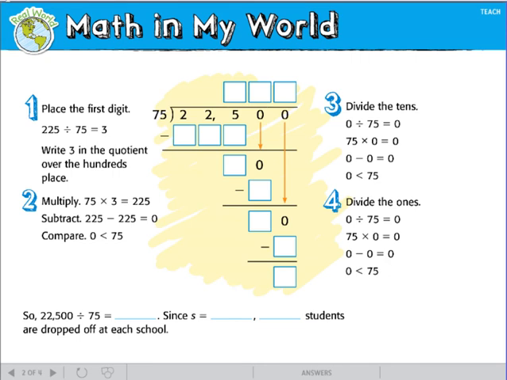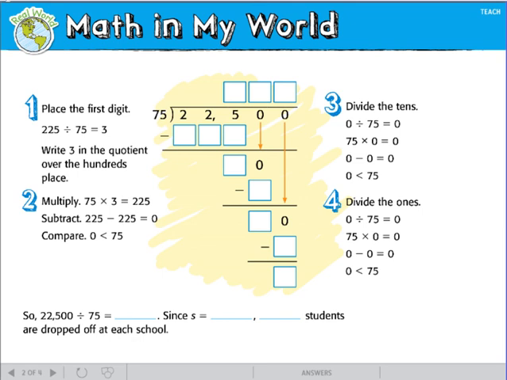So, look, we have 75 and 22,500. So 75 cannot go into 2. 75 cannot go into 22. So 75 goes into 225 how many times?